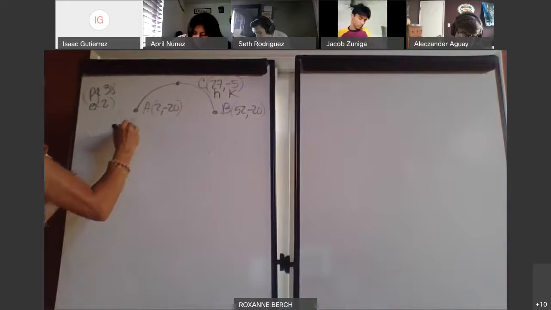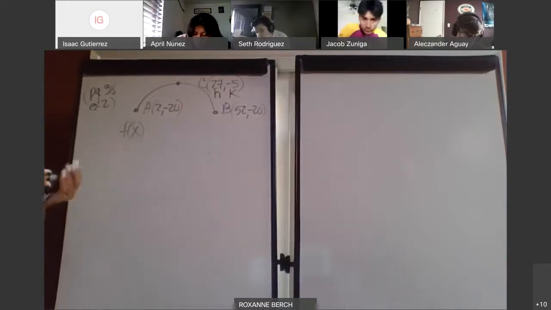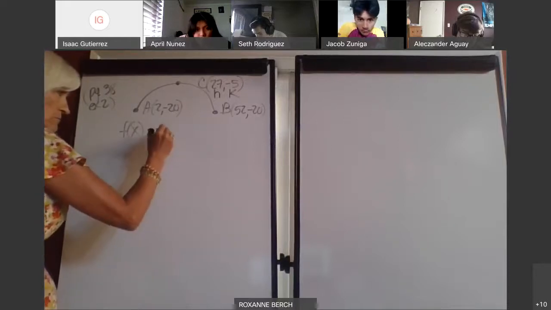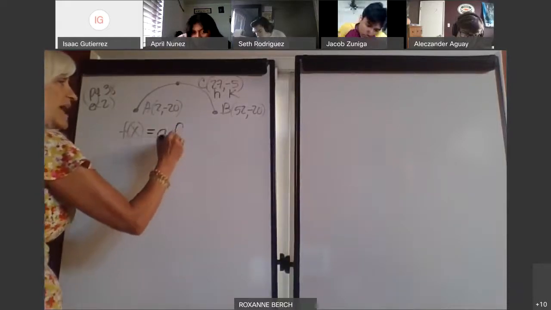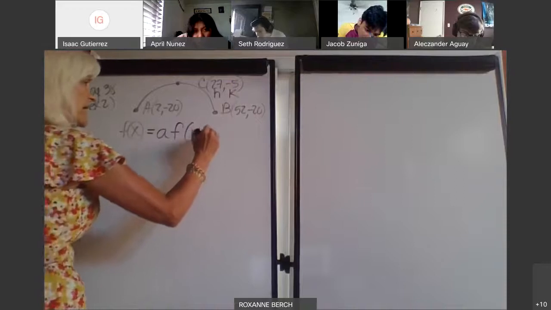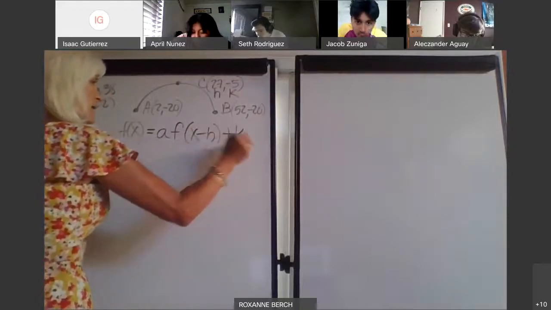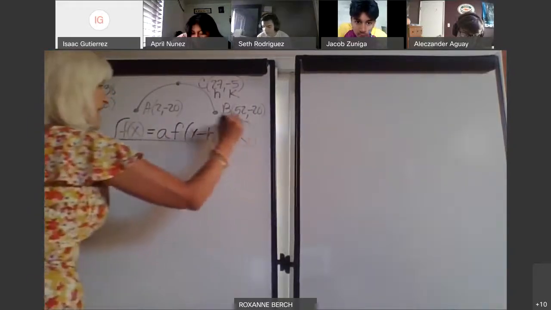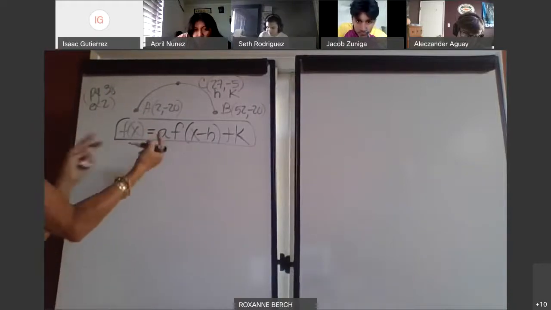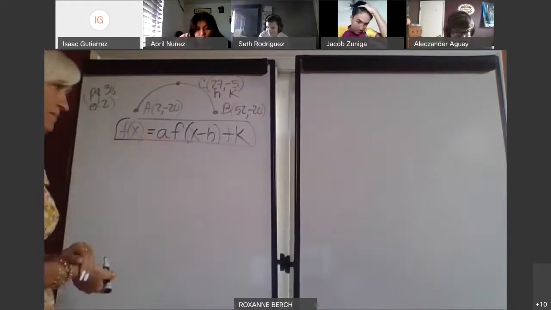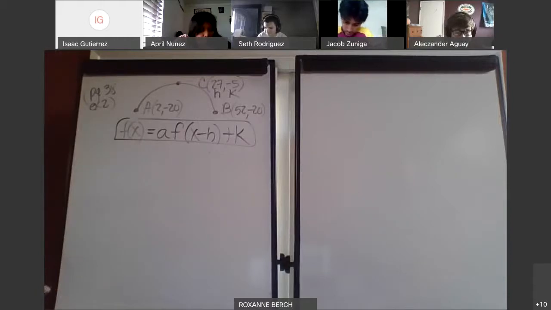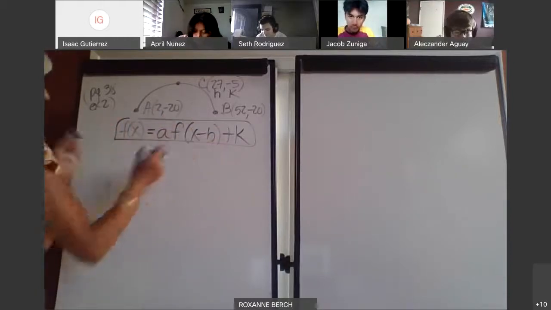So the general form of a function is a times f of x minus h plus k. So that is not f times x. It's a special notation, f of x minus h. So this is just the general form.